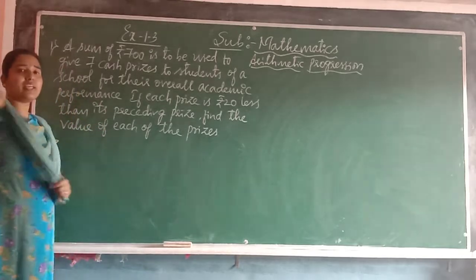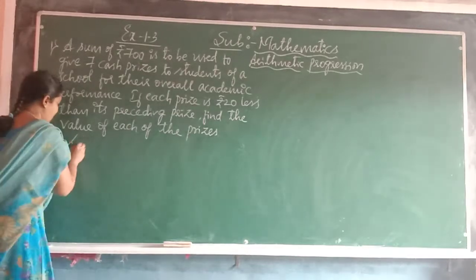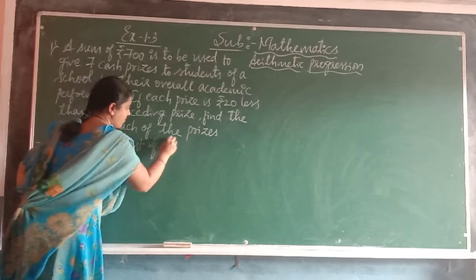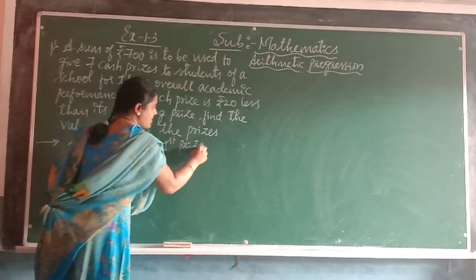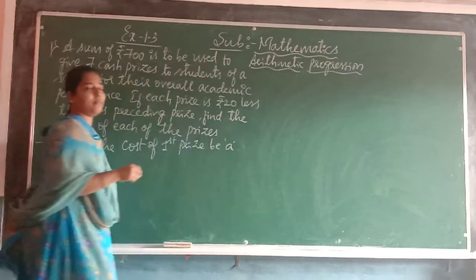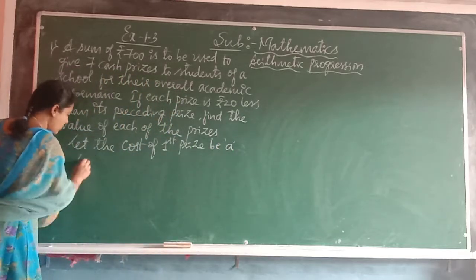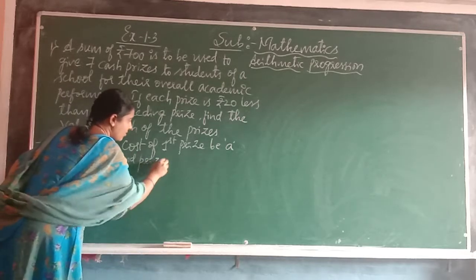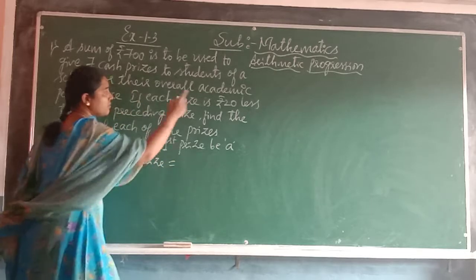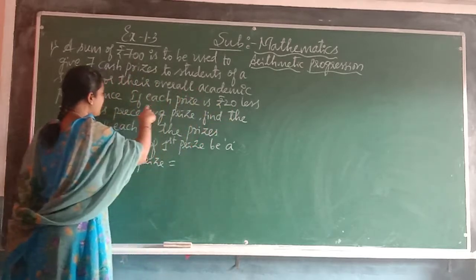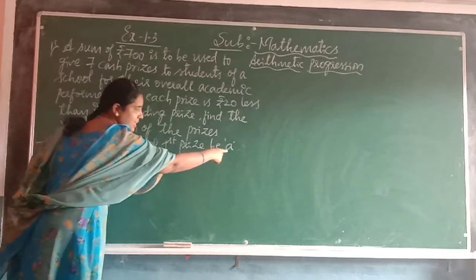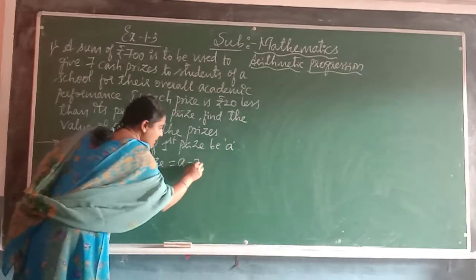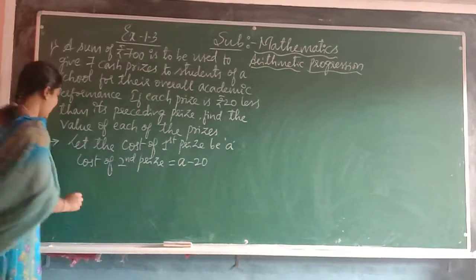That's why here I am taking the first prize as A. Let the cost of the first prize be A. Therefore, the cost of the second prize is equal to how much? 20 rupees less than the preceding prize. The first prize I took as A, so 20 rupees less than the first prize we will write as A minus 20.